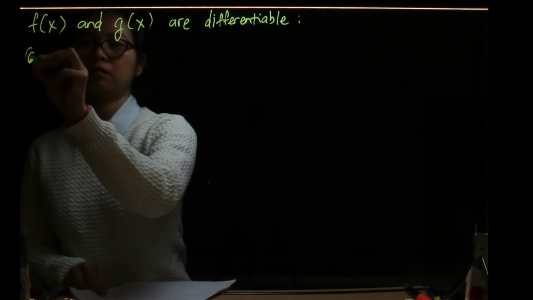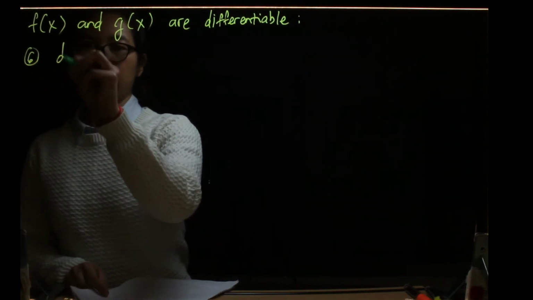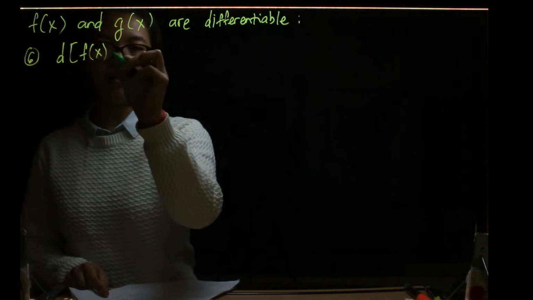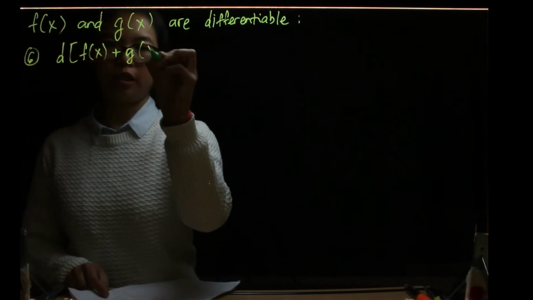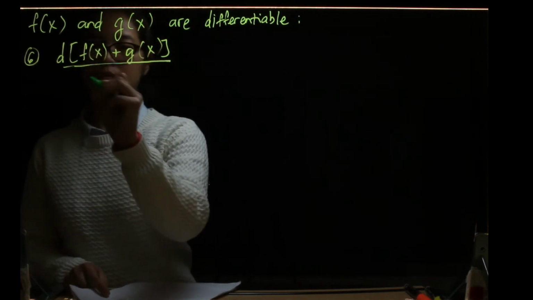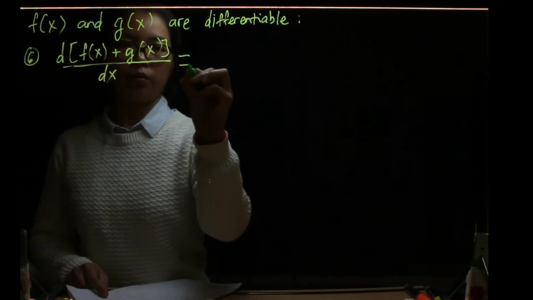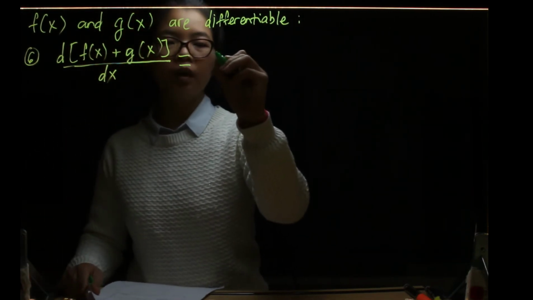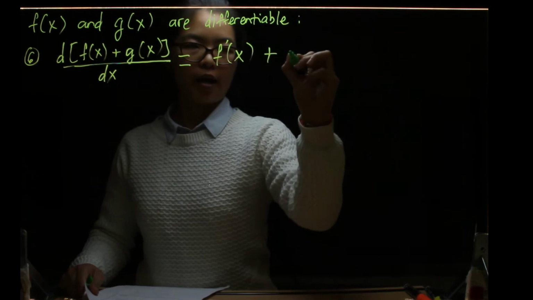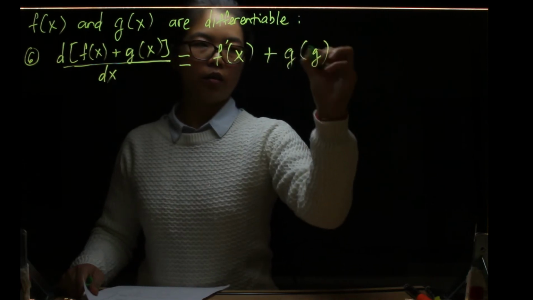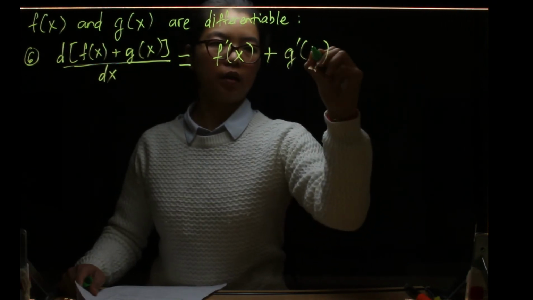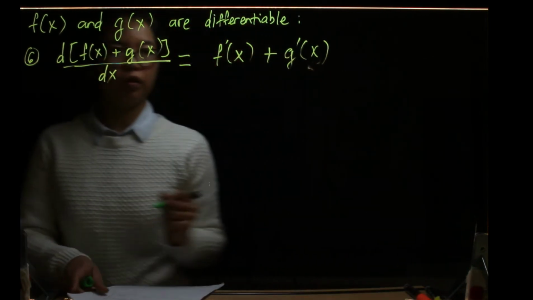Rule number 6, we have the derivative of the sum of the two functions f(x) plus g(x) with respect to x will be simply the sum of the derivative of f and the derivative of g. So here it should be x. Alright.